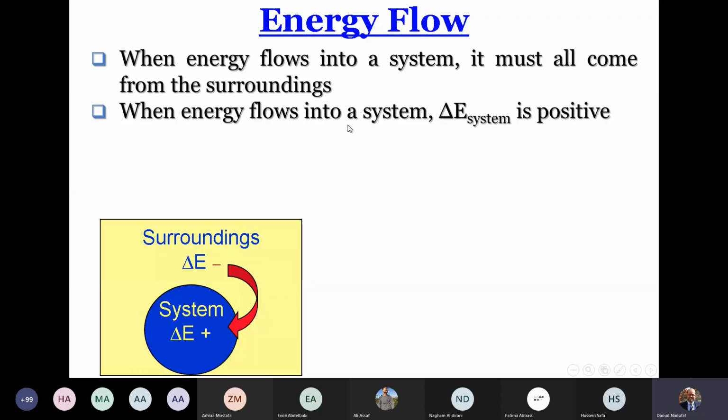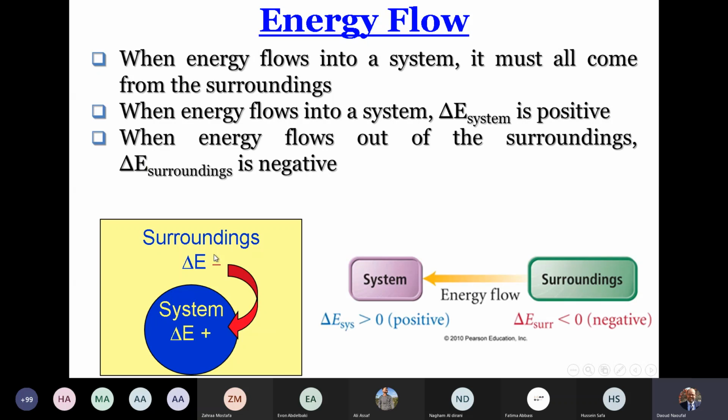When the energy flows into a system, suppose the system absorbs this energy, so delta E of the system is positive. In this case, the surrounding loses energy, so delta E of the surrounding is negative. Between system and surrounding, we have energy flow.